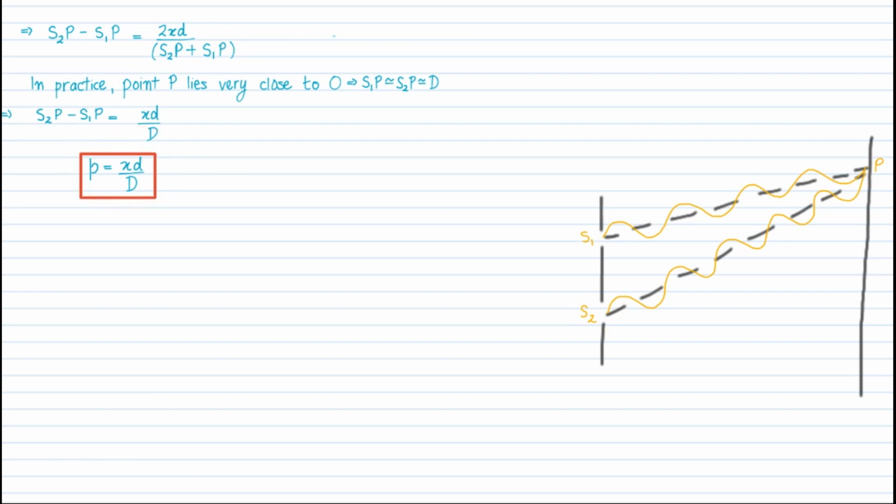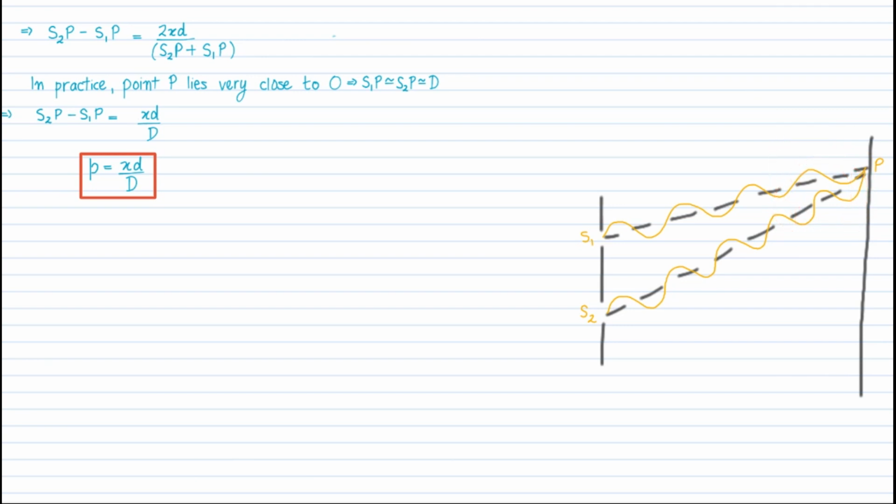Now, coming back to our topic, look here. The trough and the trough coincides, the crest and the crest coincides. That means the lights are of the same frequency and having a constant phase difference.